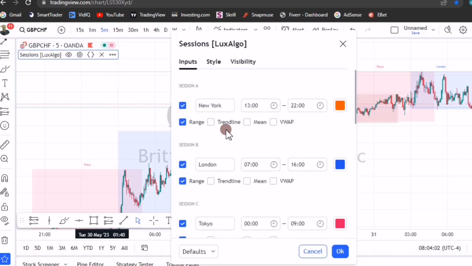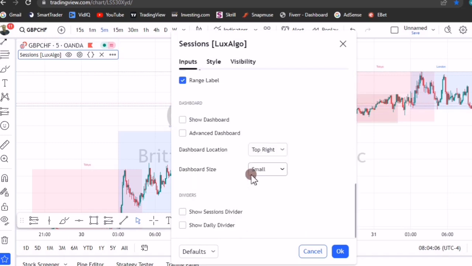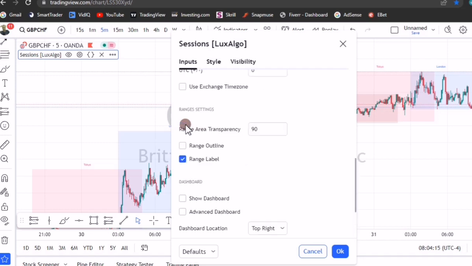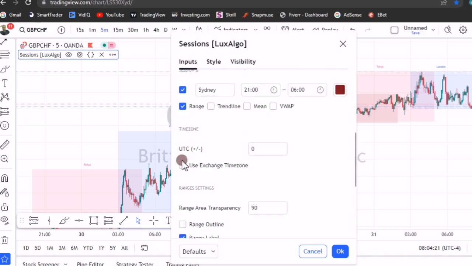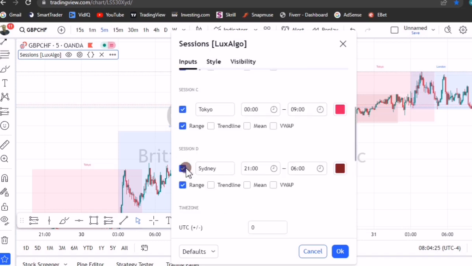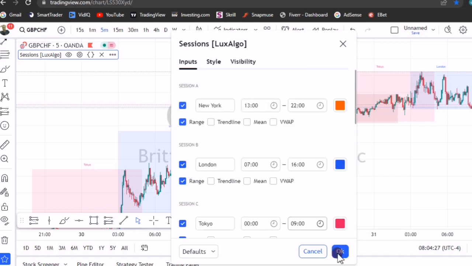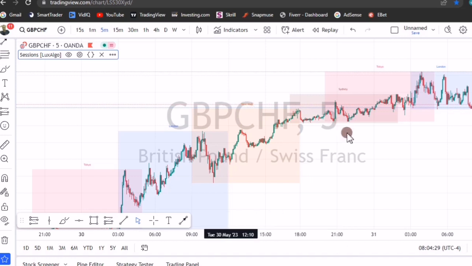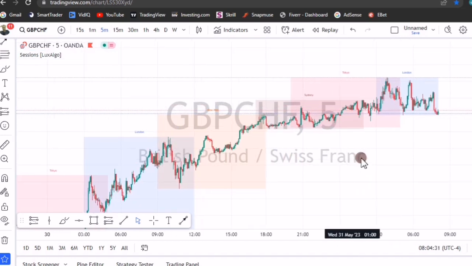Once you have gone to the settings, go to inputs, and under inputs scroll down, and you get to the bottom. Make sure the last four boxes, you uncheck all of them, and then you check range label, and then you uncheck the exchange outline, you uncheck the use exchange time zone, and you leave the rest. Once you have done that, you click OK, and then you will have the indicator on the screen.